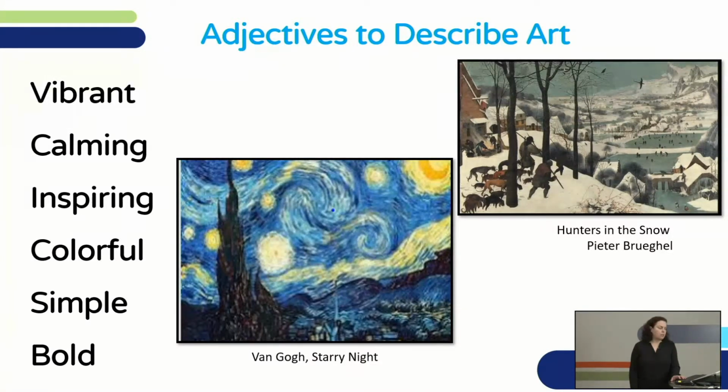Colorful. Some paintings are very, very colorful. Like there is a famous painter called Gauguin, and he's very colorful. He uses all colors: green, red, yellow, all different colors. Very colorful. Simple. Sometimes paintings are a little simpler, not so complicated.